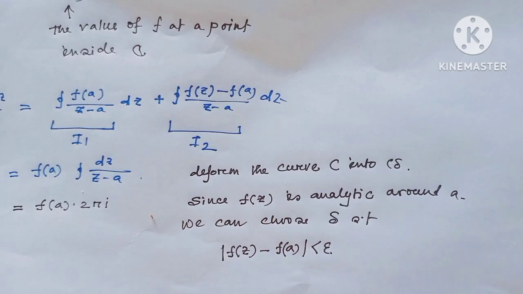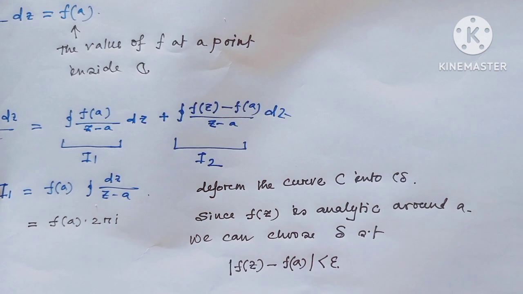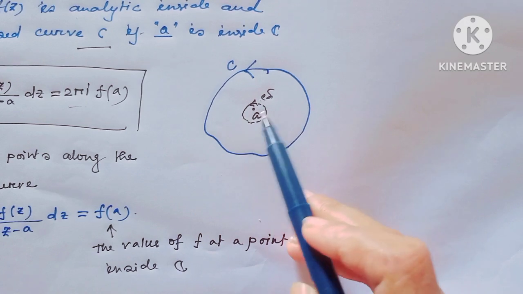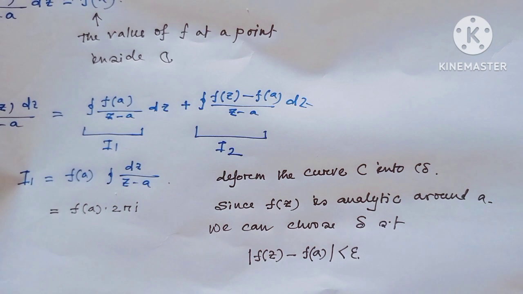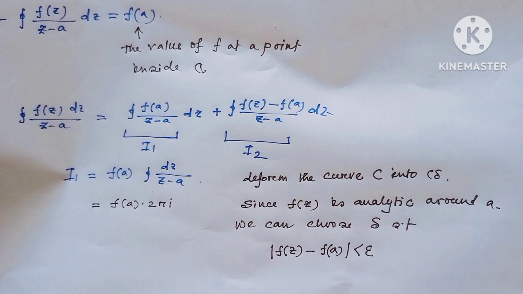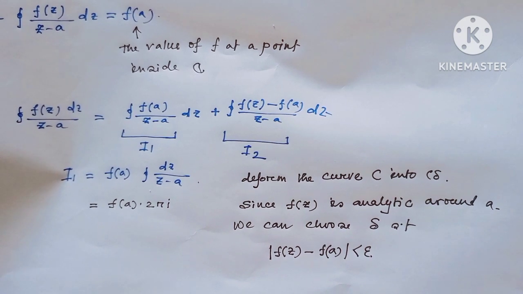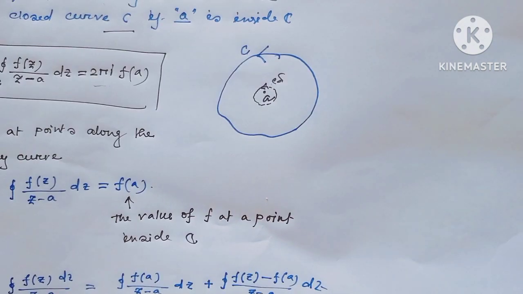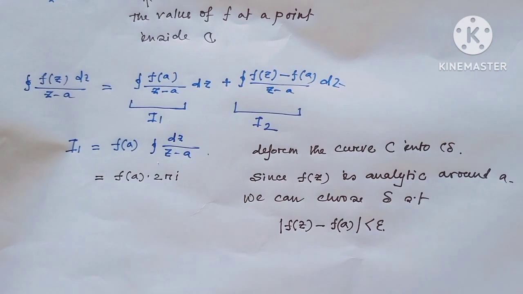Since f(z) is analytic around the point a, we can choose a delta radius around the point a such that the absolute value of f(z) minus f(a) is less than epsilon. That means for any epsilon we can choose a delta such that the distance between f(z) and f(a) is less than epsilon. This is true for any small epsilon greater than 0.